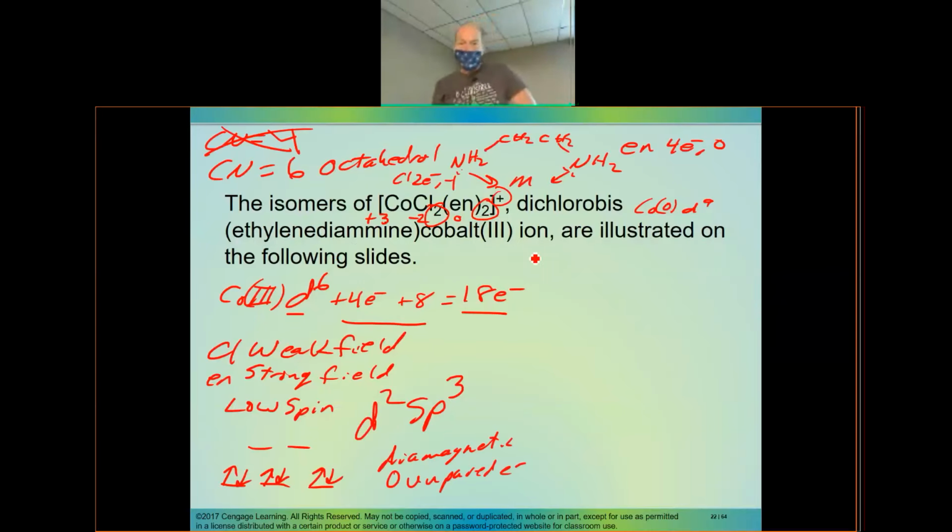All right. Note that we have the name. They give the name. It is a dichloro, right? Chlorine's negative. That's why it ends in O. Remember, the name ethylene diamine contains the Greek prefix. When your name contains the Greek prefix and you want more than one of them, then you have to use the naming of bis, tris, tetrakis, pentakis.